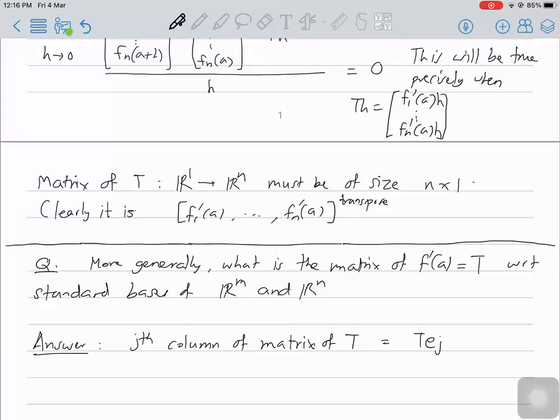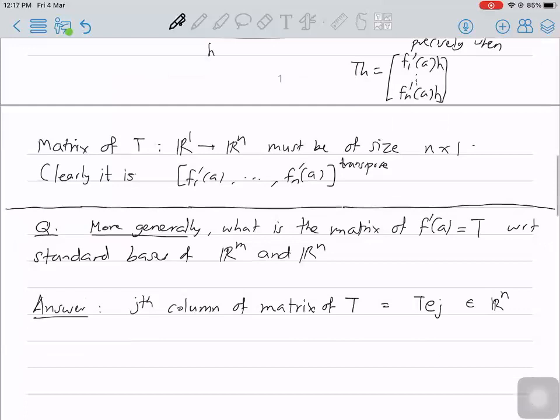And remember, this is a vector which is in where? This is a vector in Rn. So I'm back to the more general situation, which is I have an open set in Rm and I am calculating its derivative. I am calculating the derivative of a function from that to Rn. Okay, so let's do this.